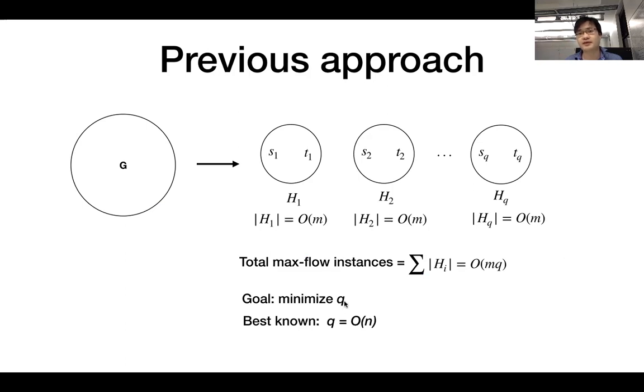The best known number of calls is linear, and this is the best we can do. What we do differently in this work is that instead of generating instances of size m, we just allow the size to be any size. It can be very small, but as long as the total size is near linear, then we are good.